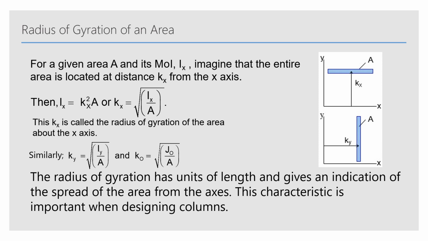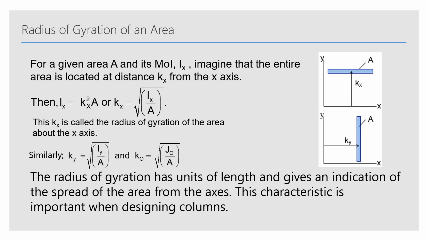Section 10.3 talks about the radius of gyration of an area. For a given area A and its moment of inertia Ix, imagine that the entire area is located a distance kx from the x-axis, as we see in the image.